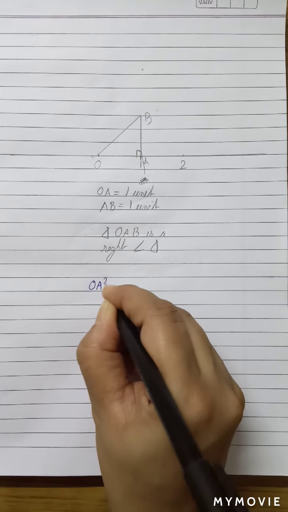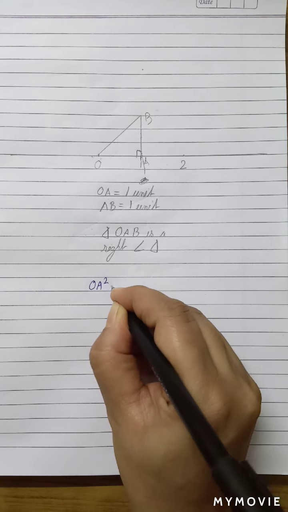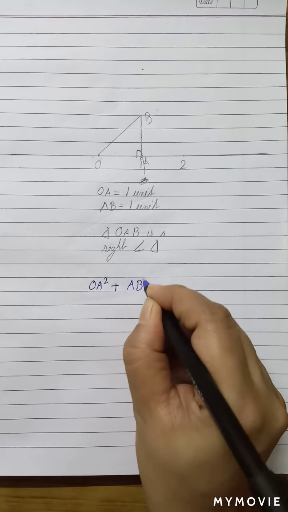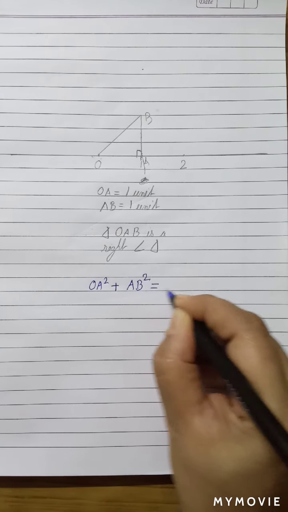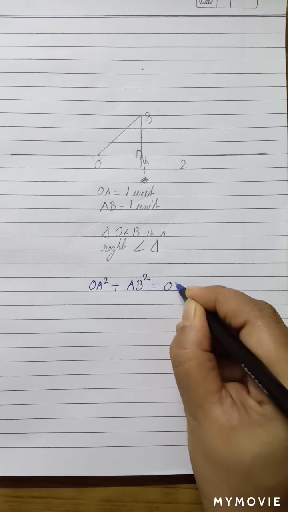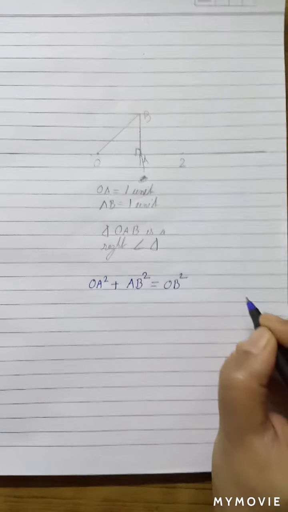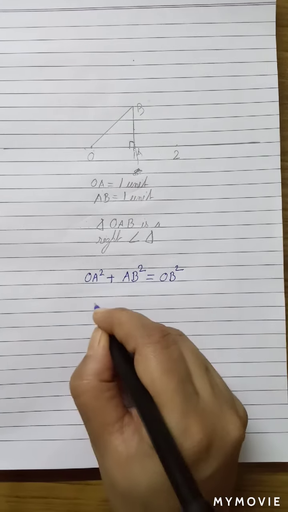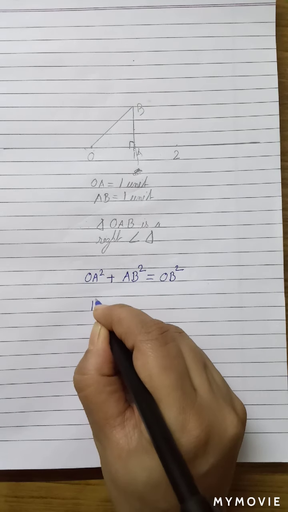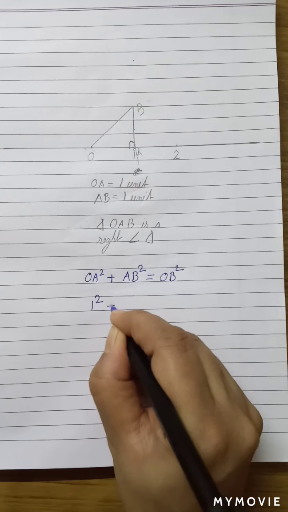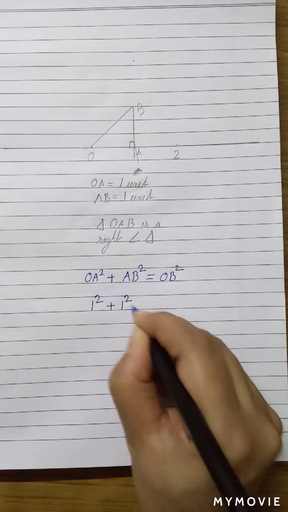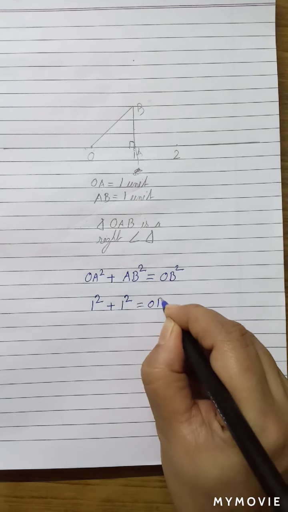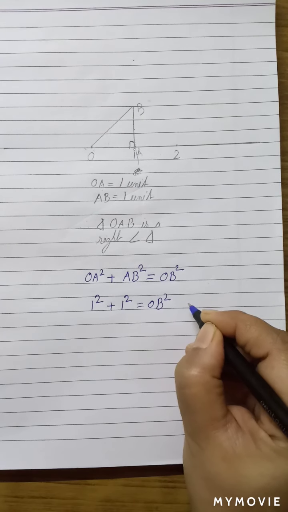Now we know OA square, that is the base square, plus AB square, that is the height square, is equal to OB square, that is the hypotenuse square. Now OA is nothing but 1 inch, AB is nothing but 1 inch, so 1 square plus 1 square is equal to OB square.